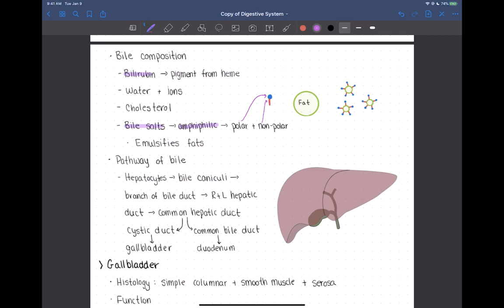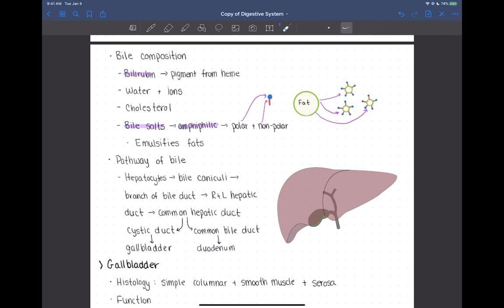salts can do is they help to emulsify fat. That means that they take these big fat blobs and help to break them down into small fat blobs, which can then be surrounded by these bile salts. Because fats are nonpolar, they don't like to dissolve in water and any kind of fluid.